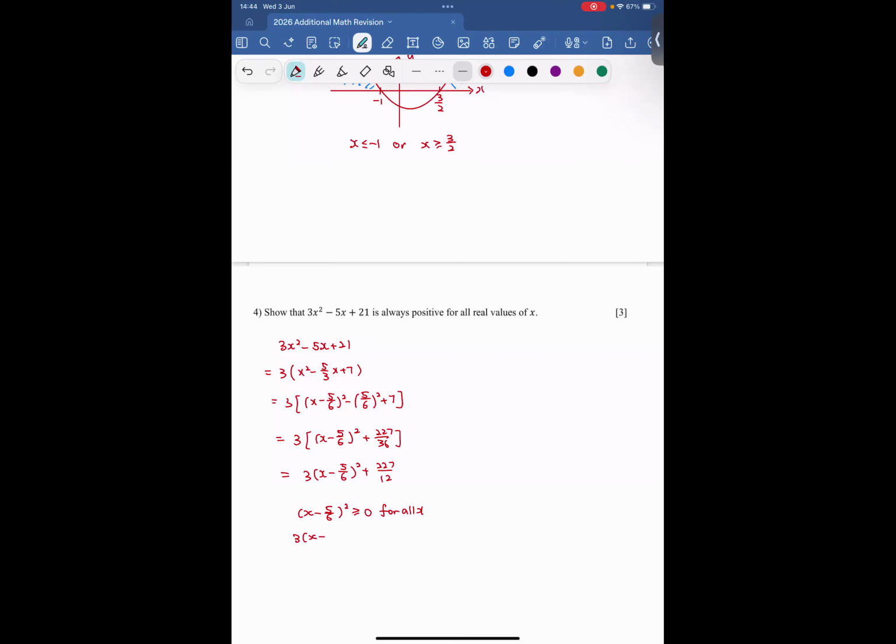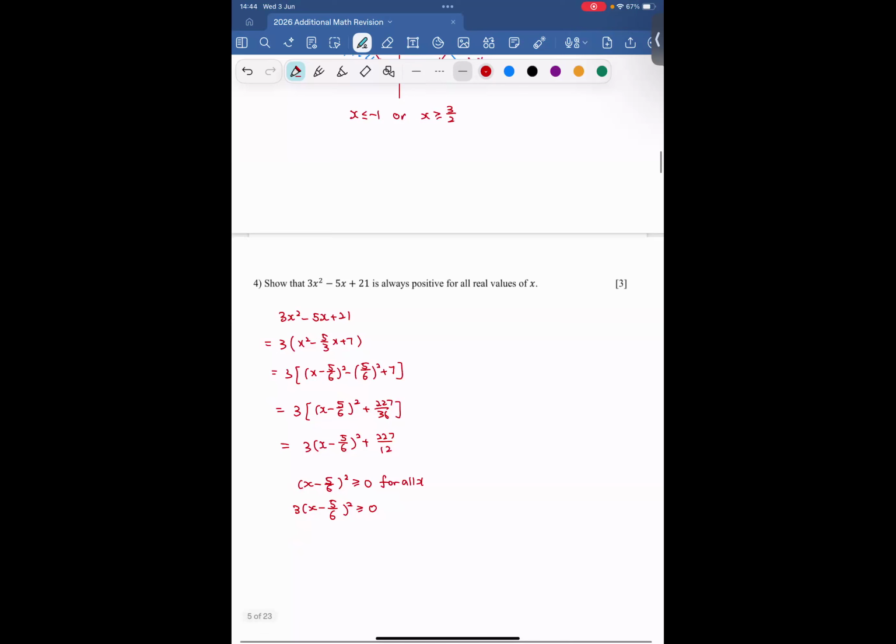So if you times 3 on both sides of the inequality, it will still be more than or equals to 0. Then you add 227 over 12. If I can say this thing is more than or equals to 227 over 12, I can also say that it is more than or equals to 0. Then finally, this is more than or equals to 0.